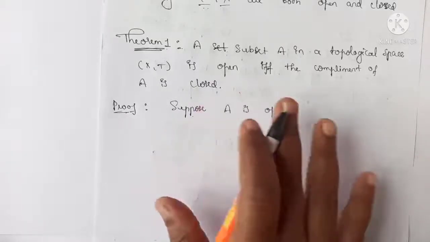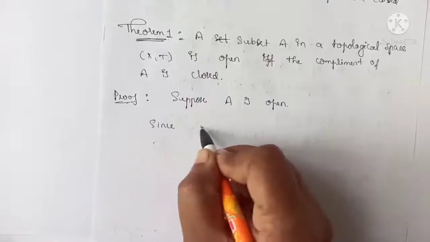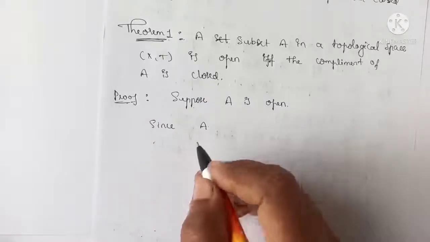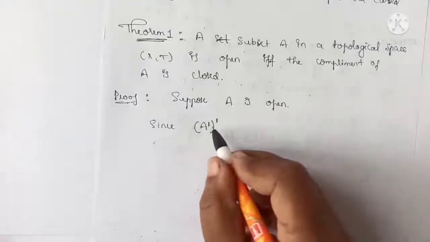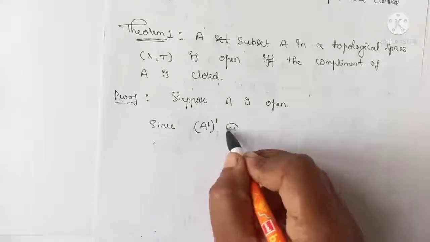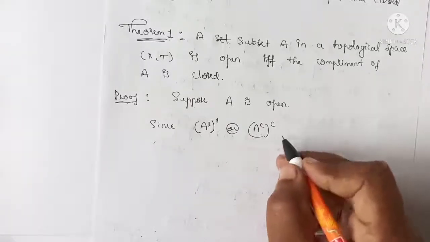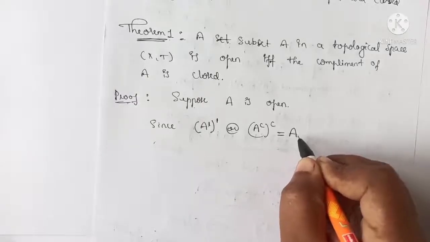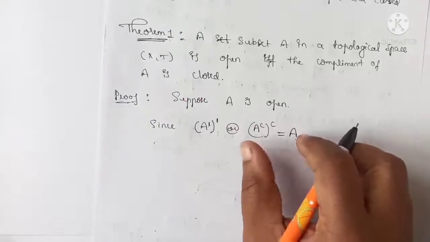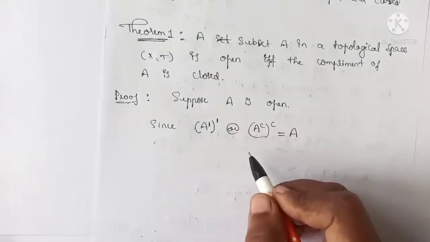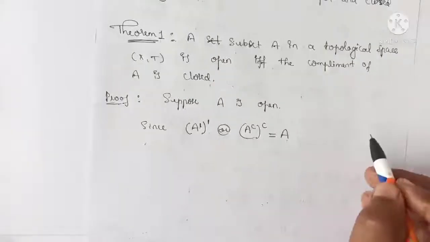Okay, now since we know that the complement of the complement, that is, A complement's complement, or you can denote it by A double complement, is equal to A. We know this by the properties of complements of a set.